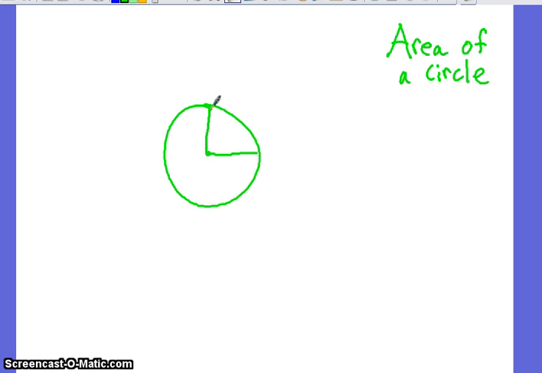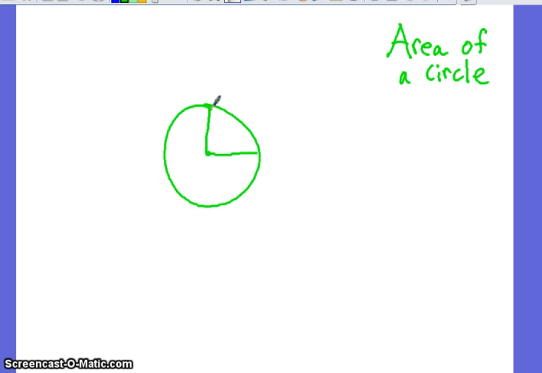I drew two things on my circle right there. What are those two things called? They go from the center of a circle to the outside of a circle. It's called the radius.